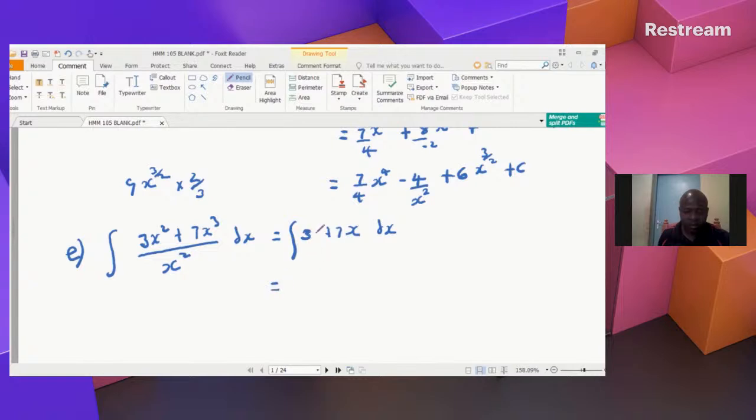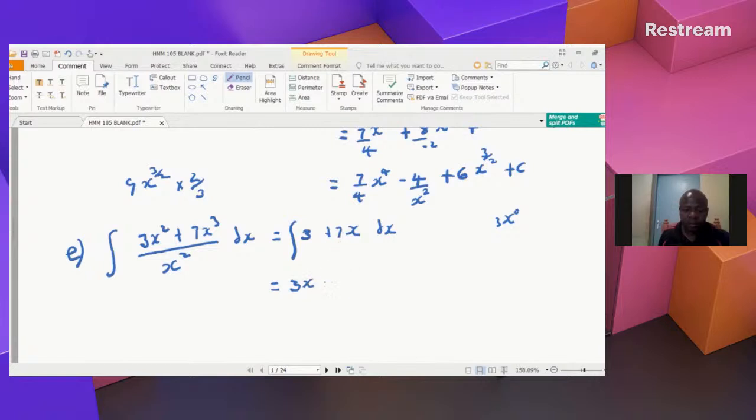These are constants. So this is the same as 3x raised to 0. If I add 1 to this power, I'll get x raised to 1, then divided by 1. So this would be 3x.